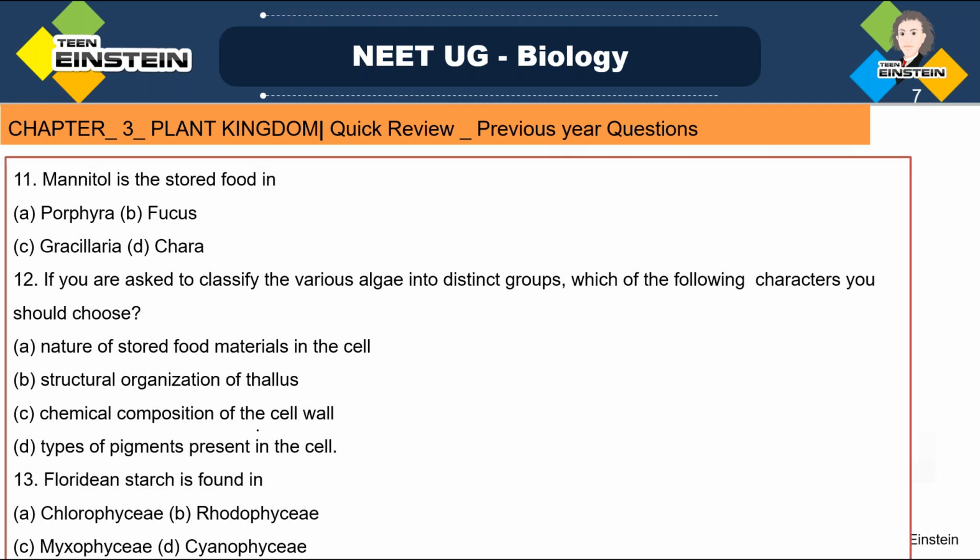11th question: mannitol is a stored food in option A, Porphyra; option B, Fucus; option C, Gracilaria; option D, Chara. Mannitol is a stored food in Fucus. Option B is the right answer.